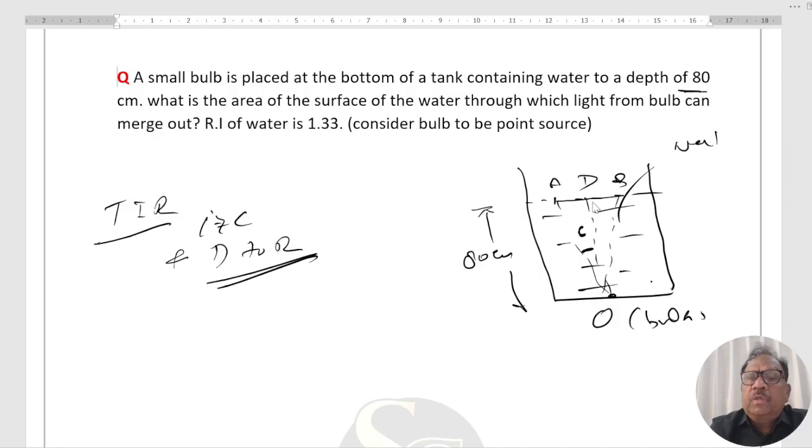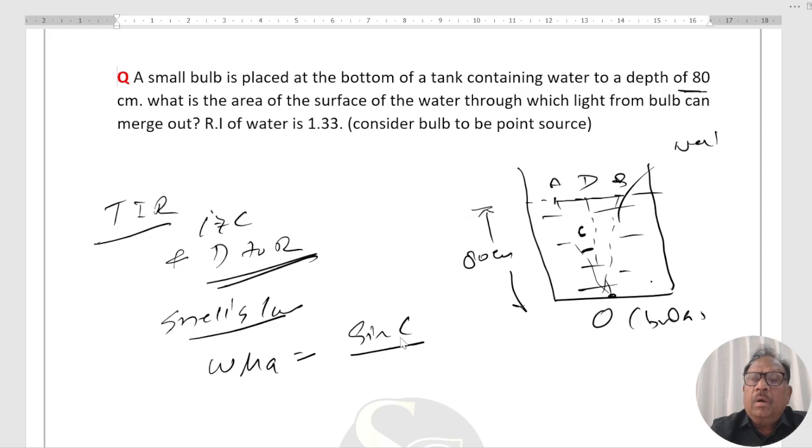So we have to find the maximum area. So apply Snell's law. Going from water to air, sin C upon sin 90, that is sin C upon 1.